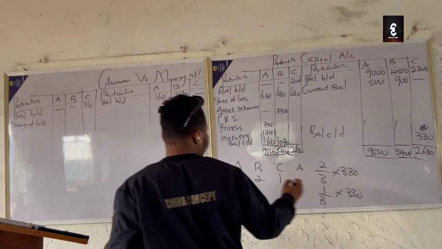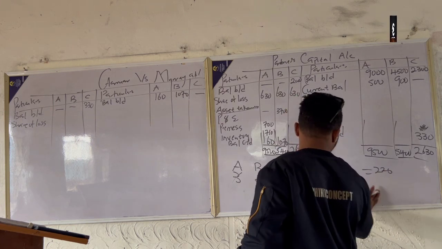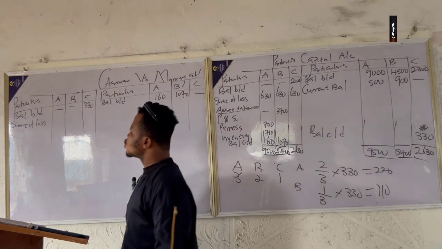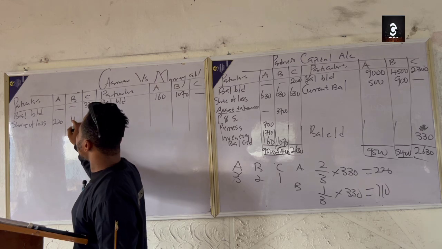This gives 220 and 110. If you add these two, you have 330. So A is going to have 220, B is going to have 110.